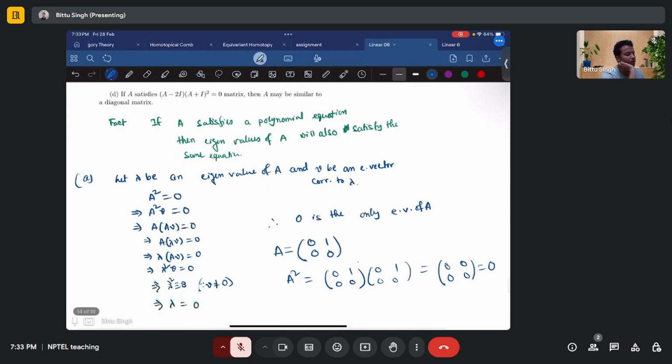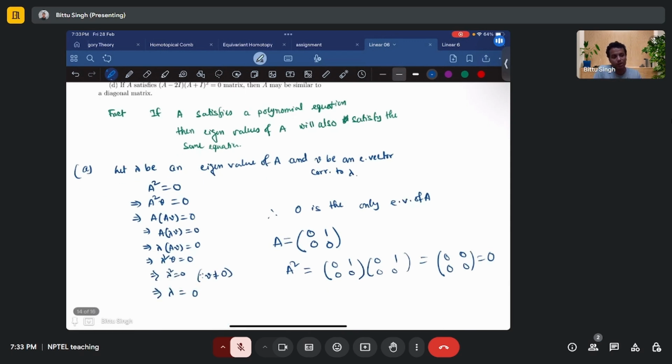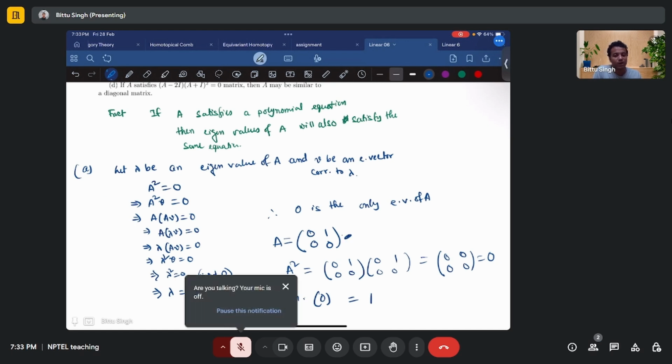But the problem is A is not diagonalizable, because you can see that the geometric multiplicity of 0 is actually equal to 1, right? Because the rank of A equals 1, therefore the nullity of A is 2 minus 1, which is 1.